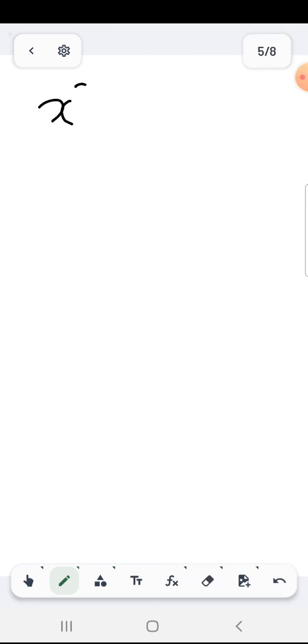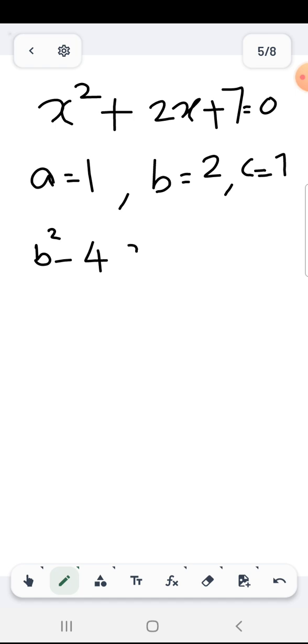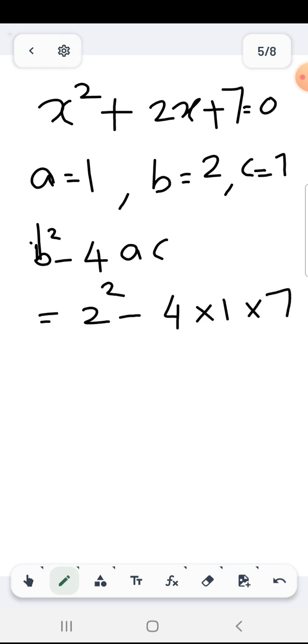Another equation, x square plus 2x plus 7 equals 0. For this equation, we have a equals 1, b equals 2 and c equals 7. b square minus 4ac, that is the discriminant, we are going to find. b is 2, 2 square minus 4 times 1 times c is 7.